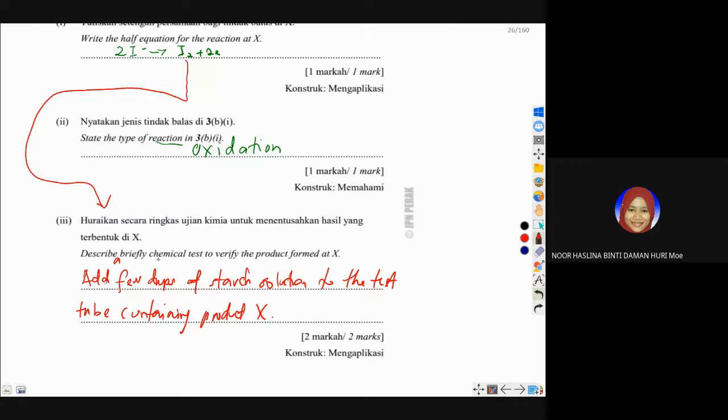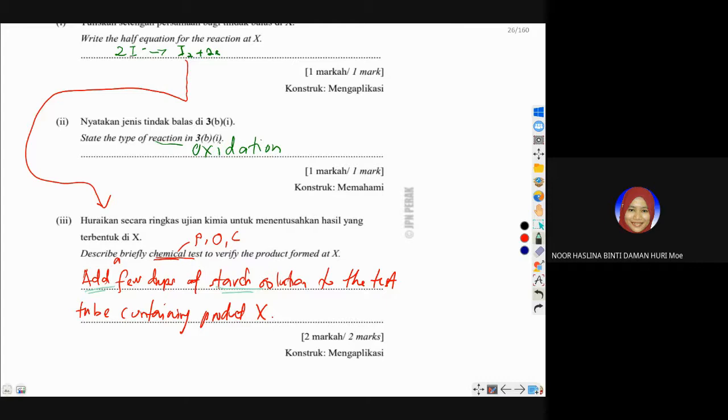Kalau about chemical test, awak kena ingat ada procedure, ada observation, and then mesti ada conclusion sikit. Baru you akan dapat 3 marks. The first one mesti ada perkataan add: add a few drops of starch solution, this is your procedure, to the test tube containing product X. After that, what can you observe?